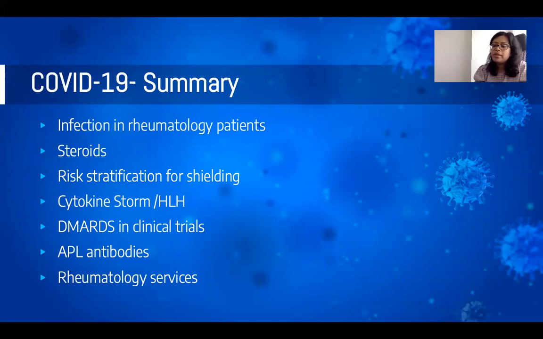I've talked about the immunopathology of what could be happening in a small proportion of our patients infected with COVID-19, so the cytokine storm, HLH. I've summarized briefly the evidence thus far on hydroxychloroquine, steroids, and IL-6 inhibitors in coronavirus infections. I've touched briefly on the relevance of antiphospholipid antibodies and on our services.